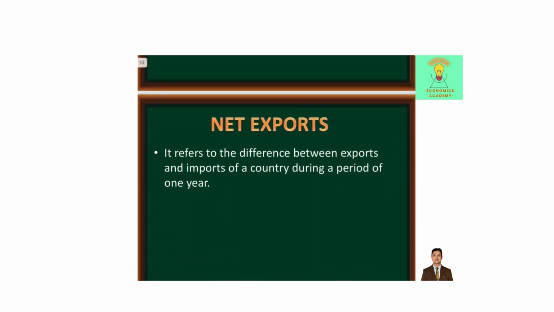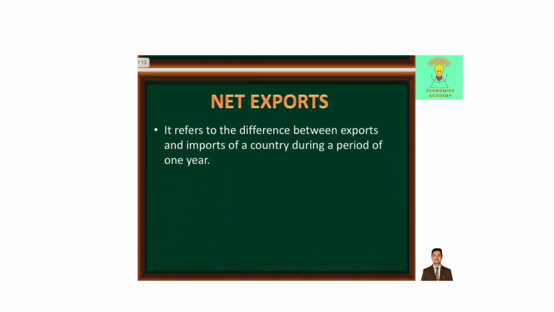Now the last component is the net export. Now export refers to the expenditure by foreigners on purchase of domestic product. Whatever we make in India, the goods made in India that are purchased by some foreign country.